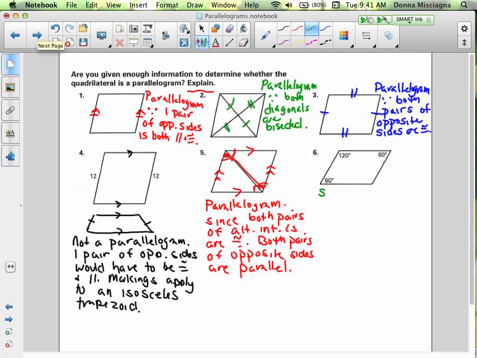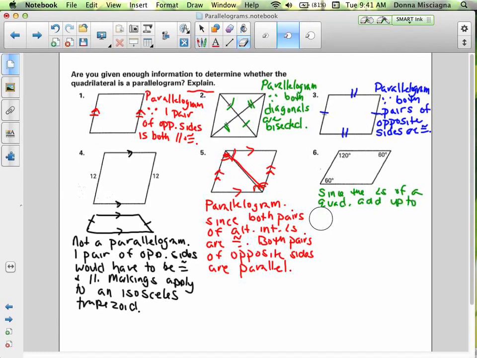Since the angles of a quadrilateral, and we could abbreviate that quad, that will not confuse anyone, since the angles of a quad add up to 360 degrees, the unknown angle equals 360 minus, we just subtract the other ones.